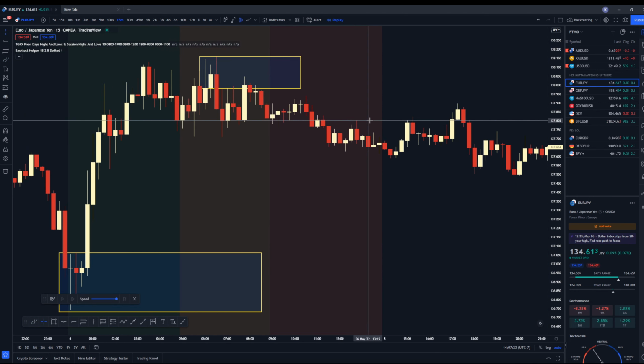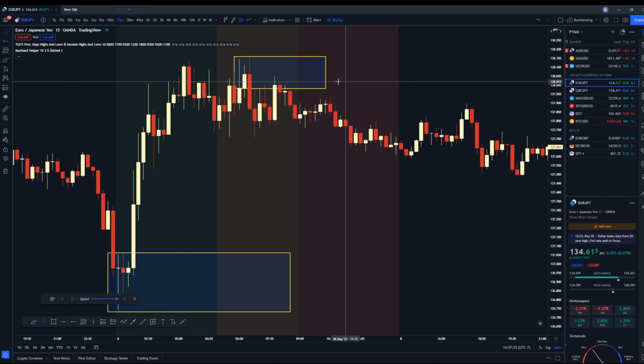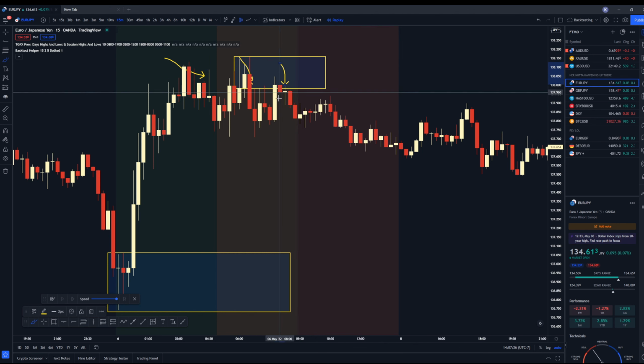Okay. And you can just see the clearest points of entry in this choppy zone were literally from this area here, this area here, and this area here, right? If you just took those areas of supply for sells, then you would be doing pretty great.